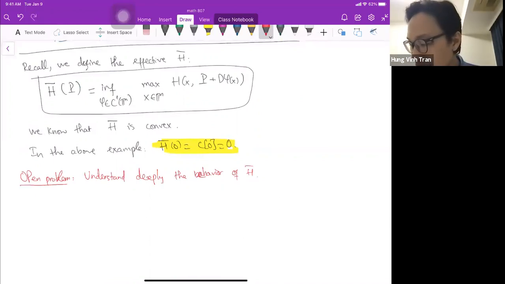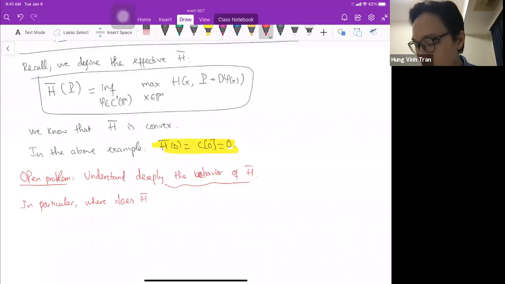So the question is to understand deeply the behavior of H bar, and in particular, where does H bar behave nicely, and what is the set of singularities of H bar.